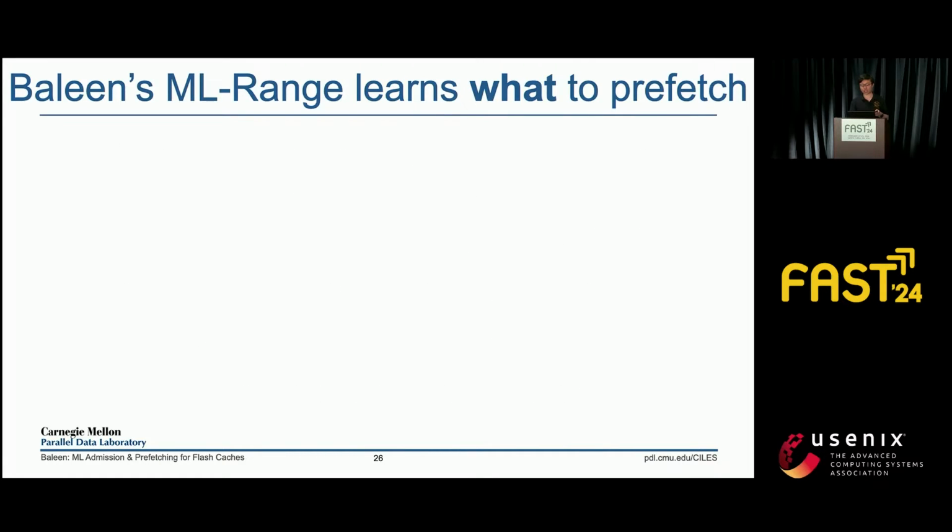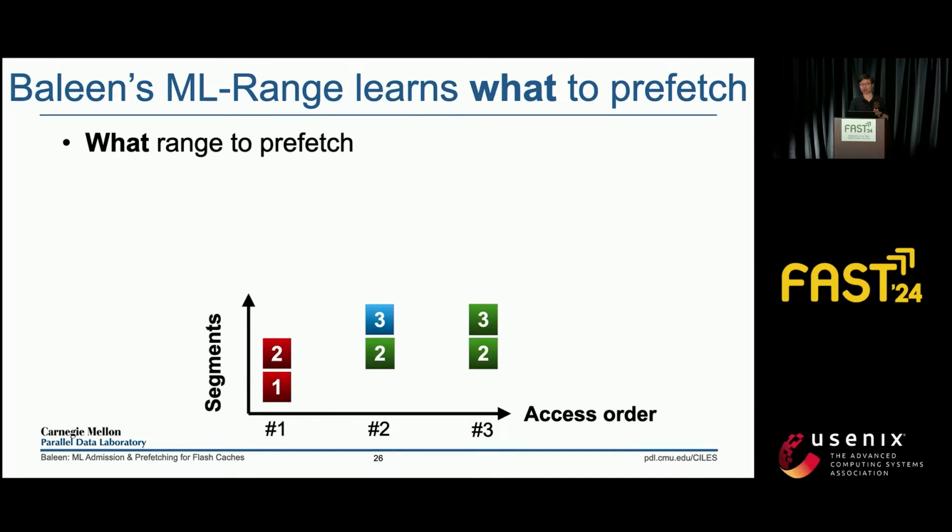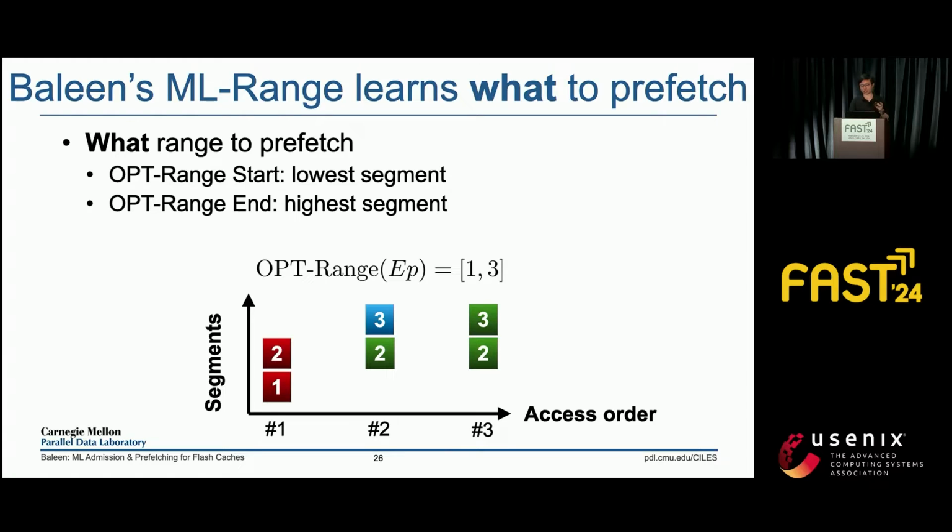To train prefetching, we also use episode knowledge, and we train regression models on what we call OPT range. We found that OPT range, even though it's pretty simple, just the smallest range that covers all segments seen during the episode, actually works pretty well, and prefetching accounts for most of the reduction in peak disk time. But to capture that benefit, you need two things.